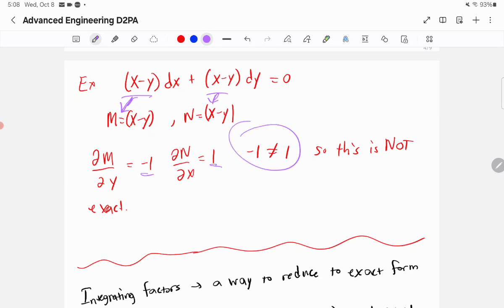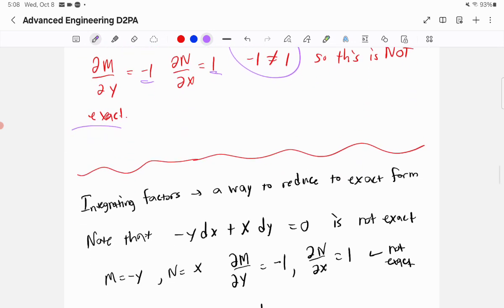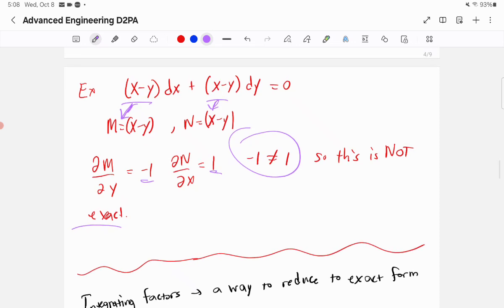And since negative 1 is not equal to 1, this differential is not exact. So this is an example where we get something that's not exact, and we're going to return to this example in a moment.